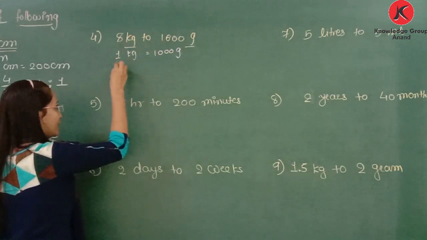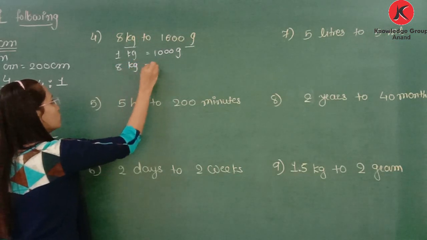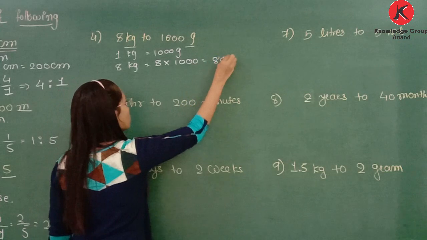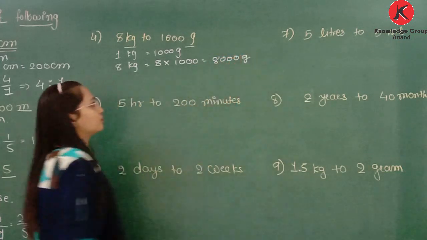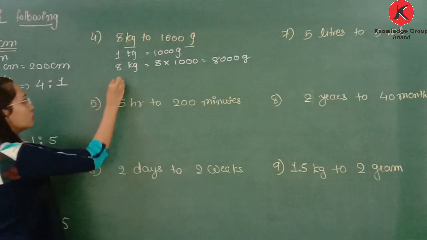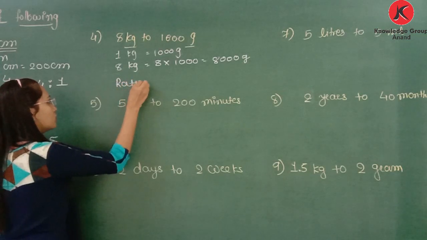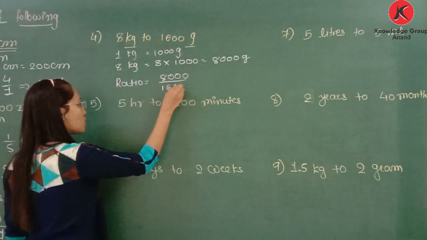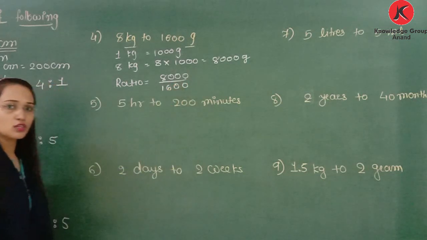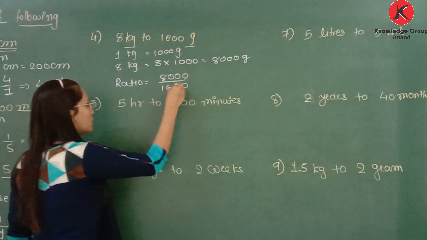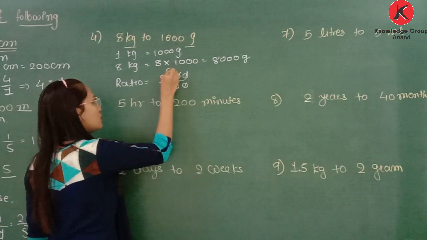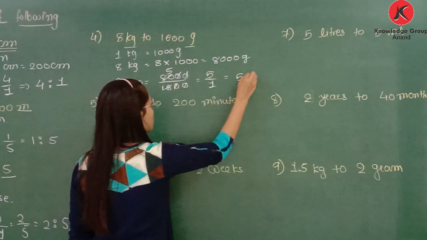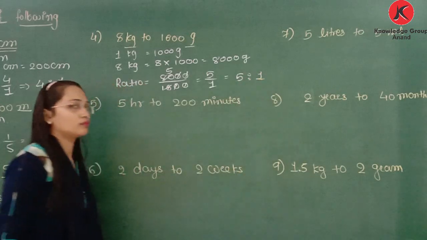Here we have 8 kg, so that is 8 multiplied by 1000, which is equal to 8000 gram. Now the ratio is equal to 8000 divided by 1600. If there is a common factor, then again you can cut the common factor. 16 5s are 80. So it is 5 divided by 1. So the ratio is 5:1.